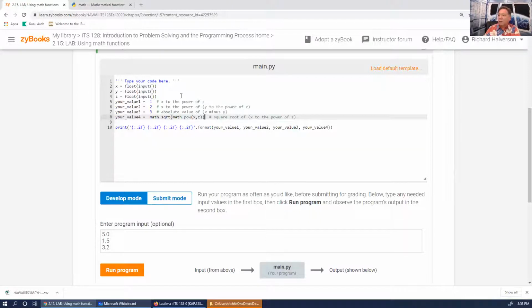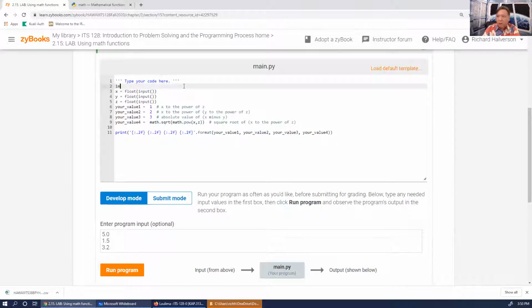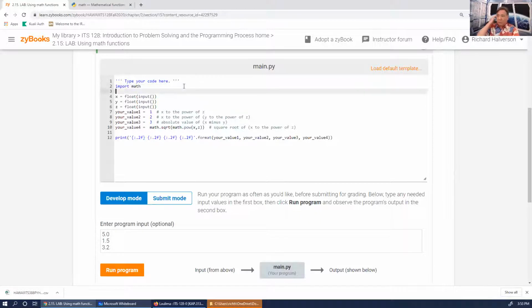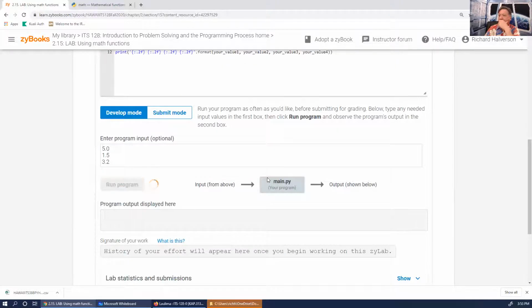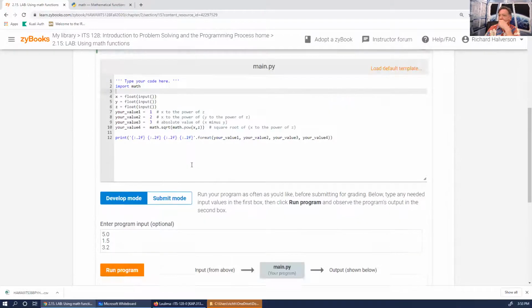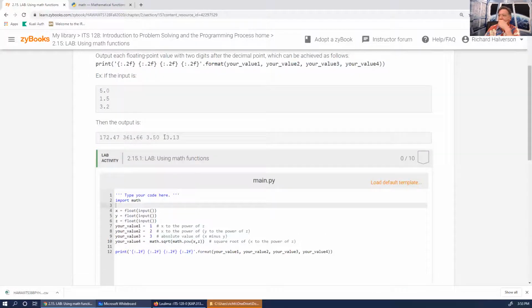And I got to do import. Yeah. I think that works. Okay, I'm going to see what this says. Run program. The last one is 13.13. Is that right? Ooh, yes, it is.